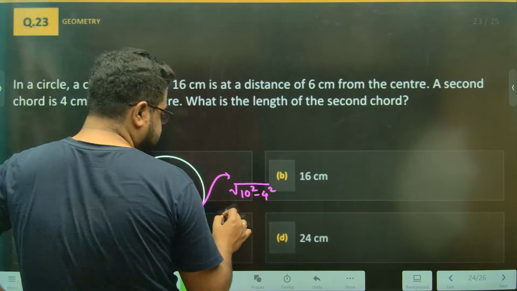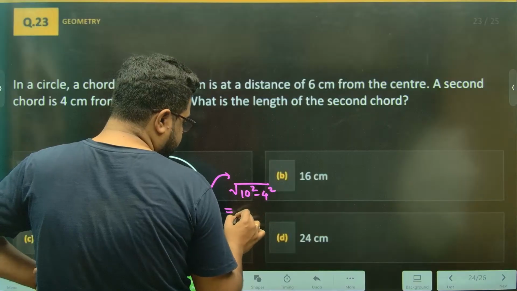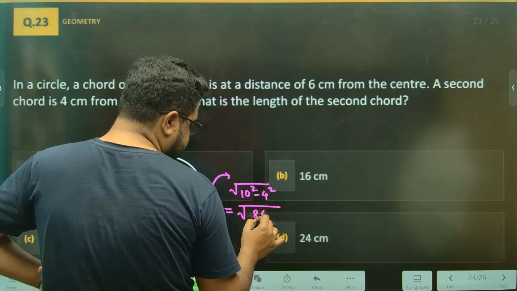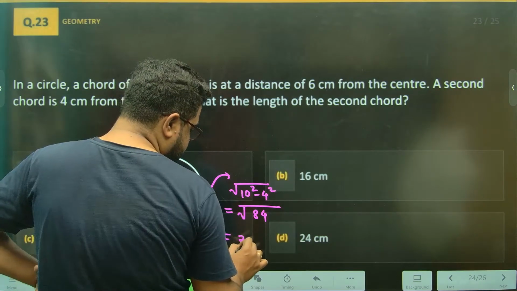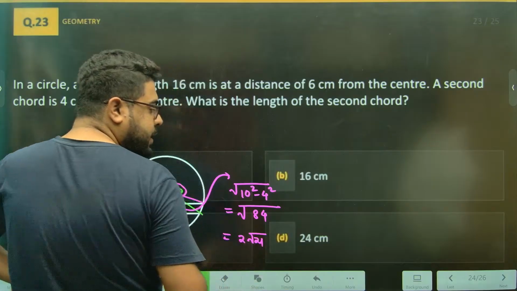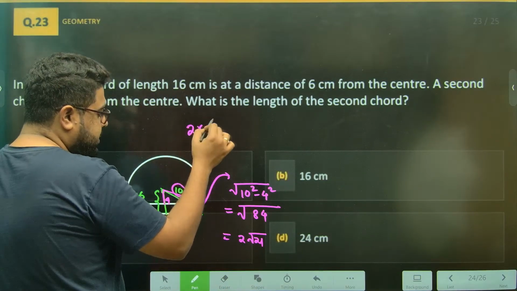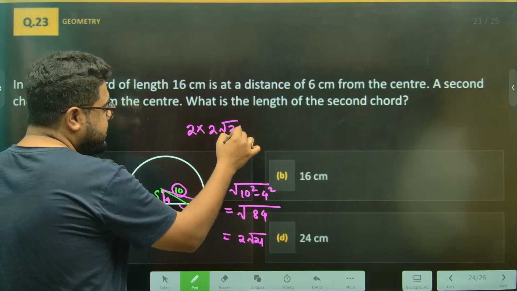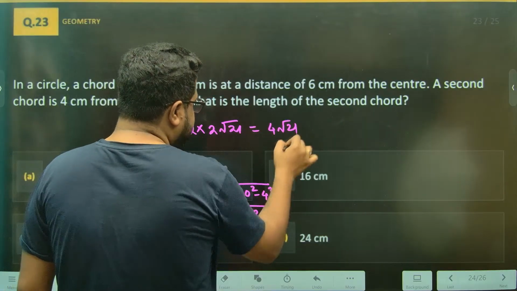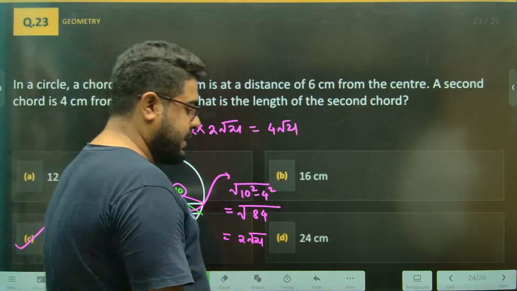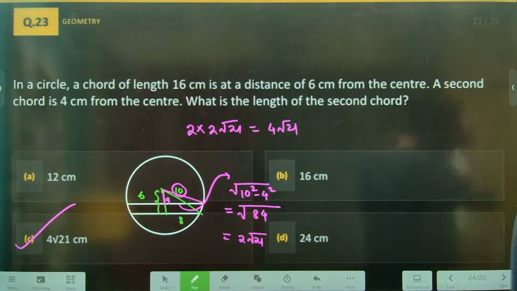This is root over 84, meaning 2 root 21. This is half of it. So the total chord length will be twice this, so 4 root 21 will be the correct answer. Option C once again.